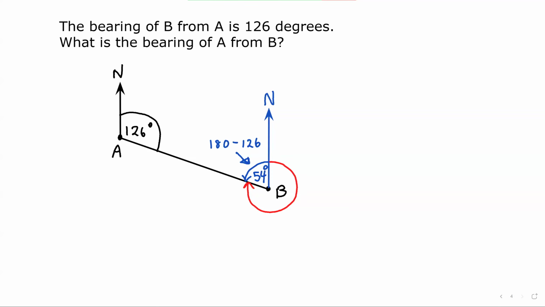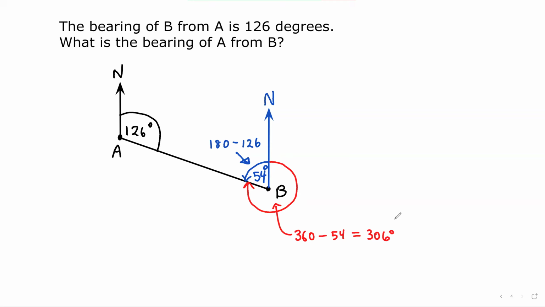And since here is 54, I can find the angle on the outside because they're both angles around a point. So the bearing of A from B would simply be 360 minus 54, which gives me 306 degrees.